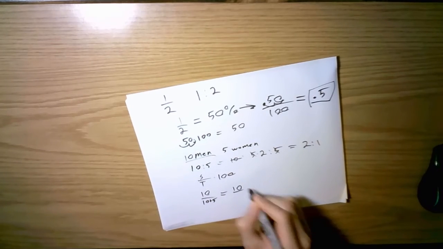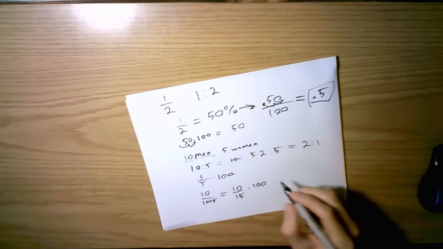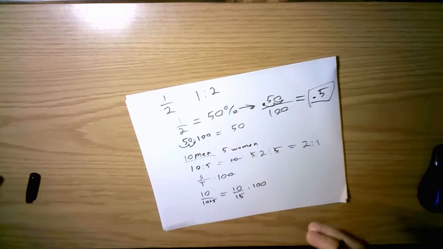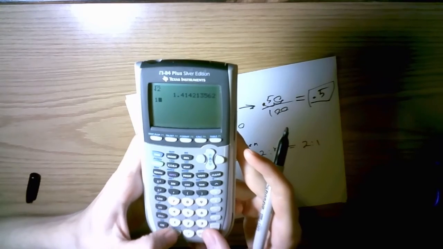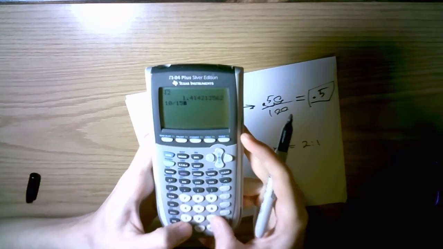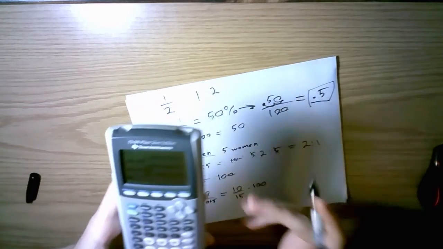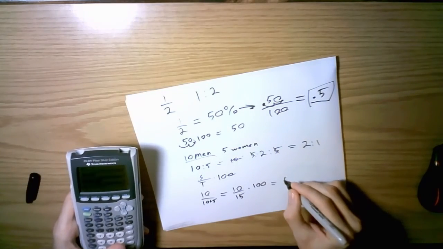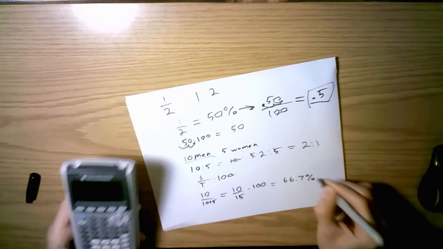That equals 10 over 15, and then times 100. Let's put that in the calculator: 10 divided by 15 times 100. That looks like 66.7%.